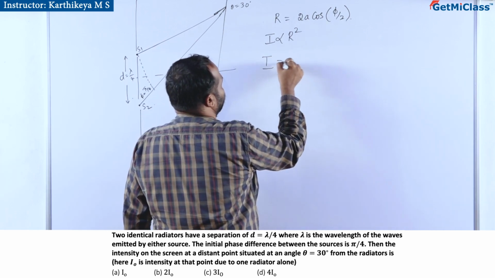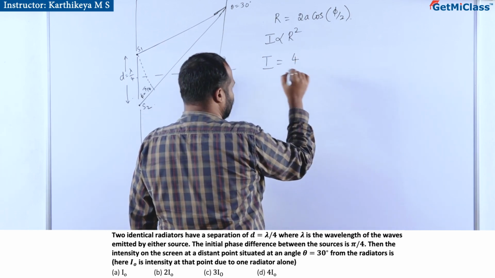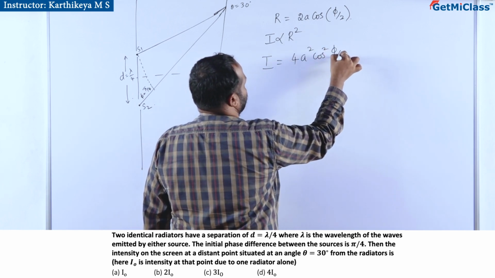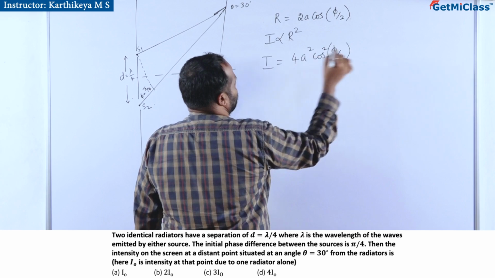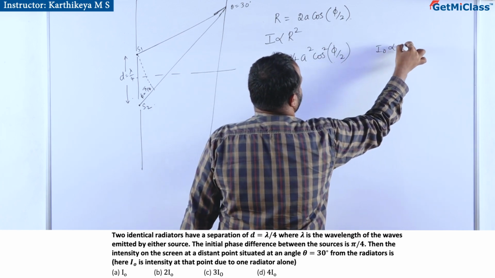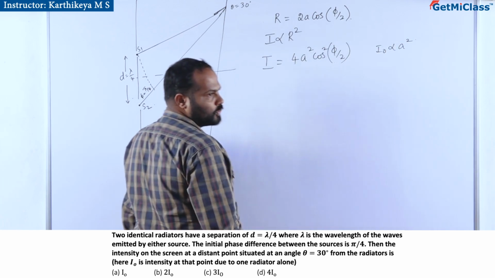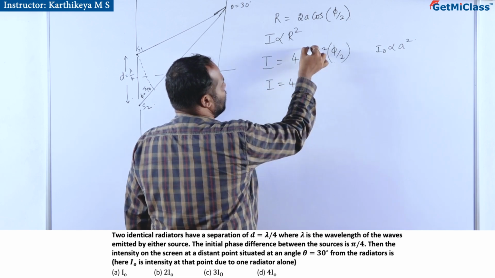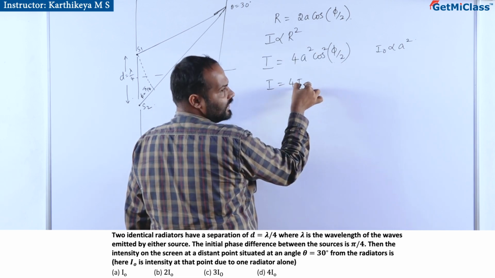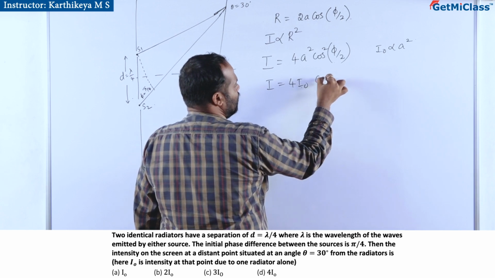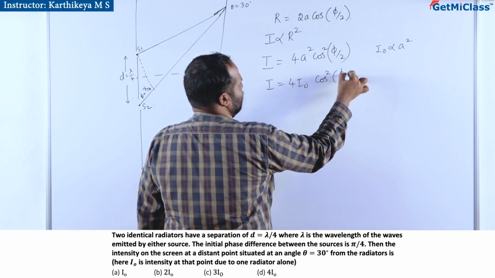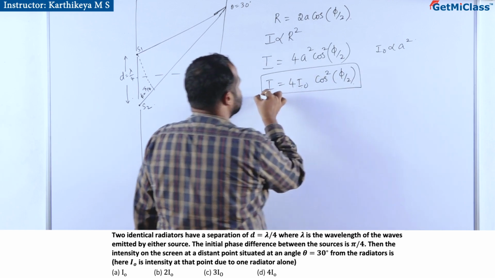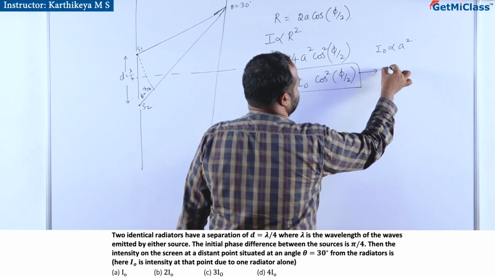So intensity will be 4 a square cos square phi by 2. Initial intensity is proportional to initial amplitude square, so it will be written as 4 I naught. Instead of a square I will write I naught cos square phi by 2. So this is the equation to be considered.